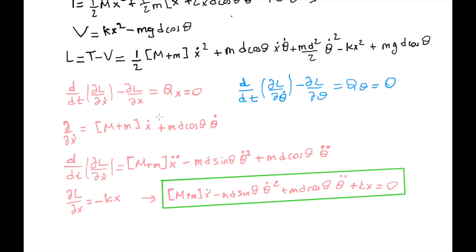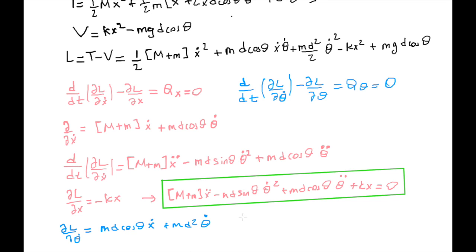Okay, so let me just try to write it down here while I can still see the Lagrangian. So partial Lagrangian partial theta dot is md cosine theta x dot plus md square theta dot.